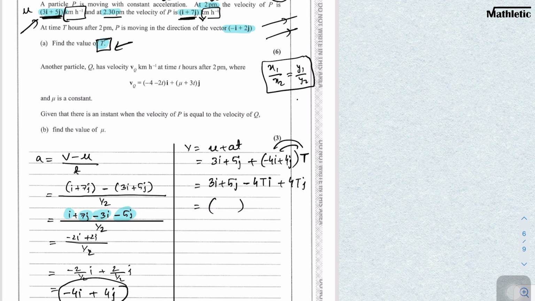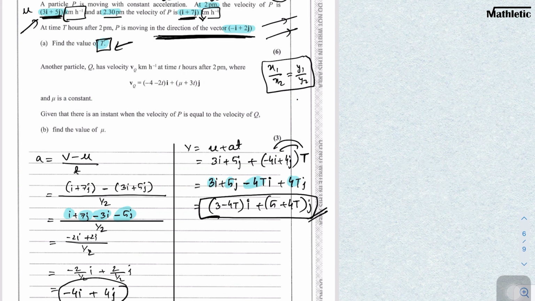So if I combine the i coordinates in one bracket, we get 3 minus 4t. Similarly, I will take the coefficients of the j coordinates in another bracket, which are 5 and 4t. So this is actually the velocity in terms of capital T, and the particle is moving in the direction given. So this final velocity is actually parallel to this direction.